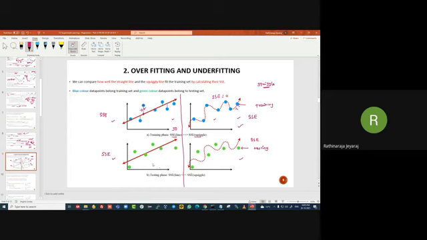When I test with the test data set, the squiggle sum of squared error is high. This is the prediction function, and this is the original data point in the test set. My prediction line gives the answer here, but the original answer is here, and that distance is the error. Here is the distance, here is the distance.